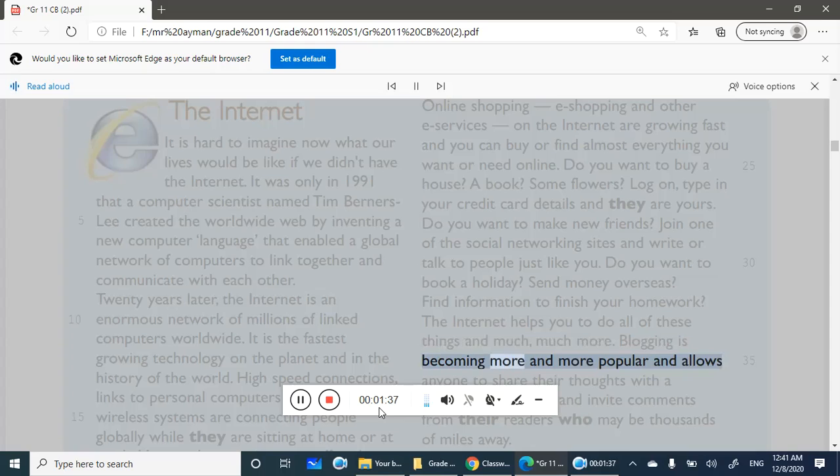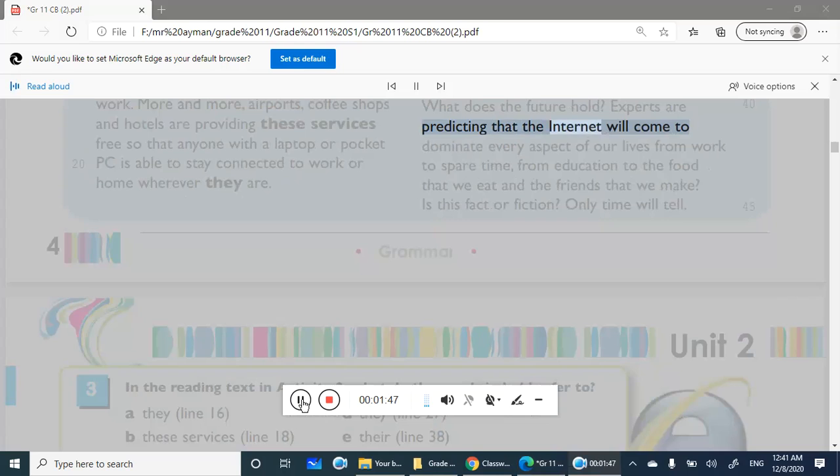Blogging is becoming more and more popular and allows anyone to share their thoughts with a worldwide audience and invite comments from their readers who may be thousands of miles away. Predicting that the internet will come to dominate every aspect of our lives, from work to spare time, from education to the food that we eat, and the friends that we make. Is this fact or fiction? Only time will tell.